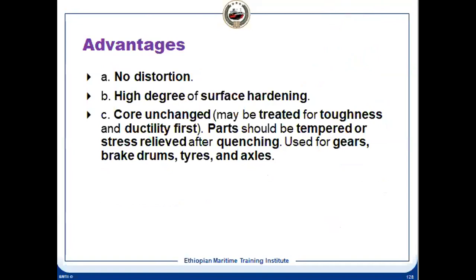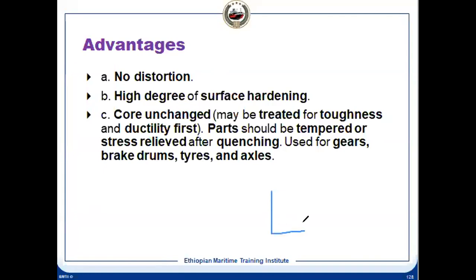When we quench, as I told you, we form a martensite structure and go to a higher hardness. We don't control the hardness; we achieve extra hardness, more than required. After that we do the tempering. That's why quenching, the hardening, is always followed by tempering.